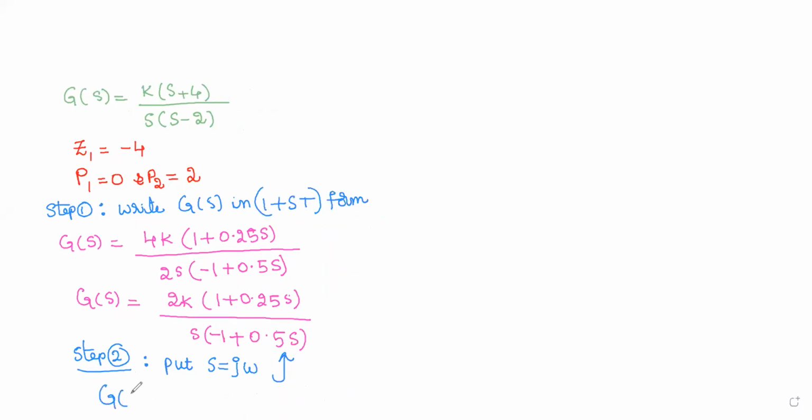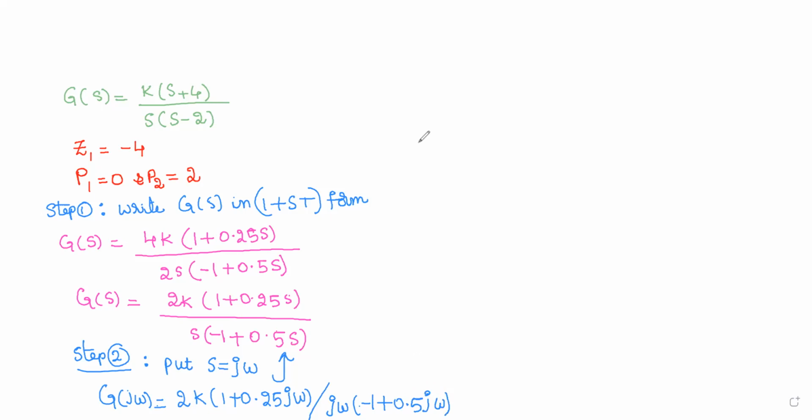So now G(j omega) equal to 2 into K into (1 plus 0.25 j omega) by the denominator portion j omega into (minus 1 plus 0.5 j omega).